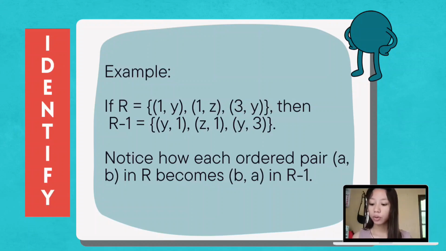If R contains the elements (1,y), (1,z), and (3,y), then the inverse relation is equal to (y,1), (z,1), and (y,3). Notice how each ordered pair (A,B) in R becomes (B,A) in the inverse relation.